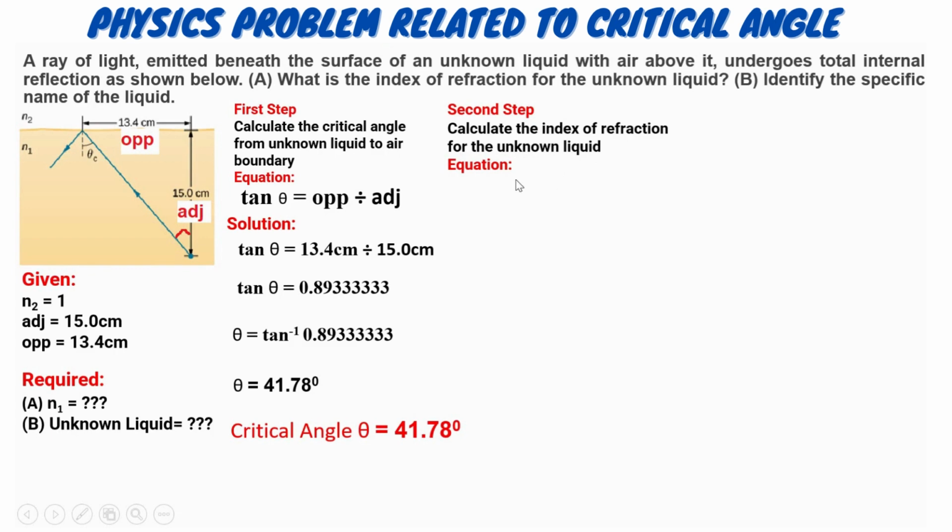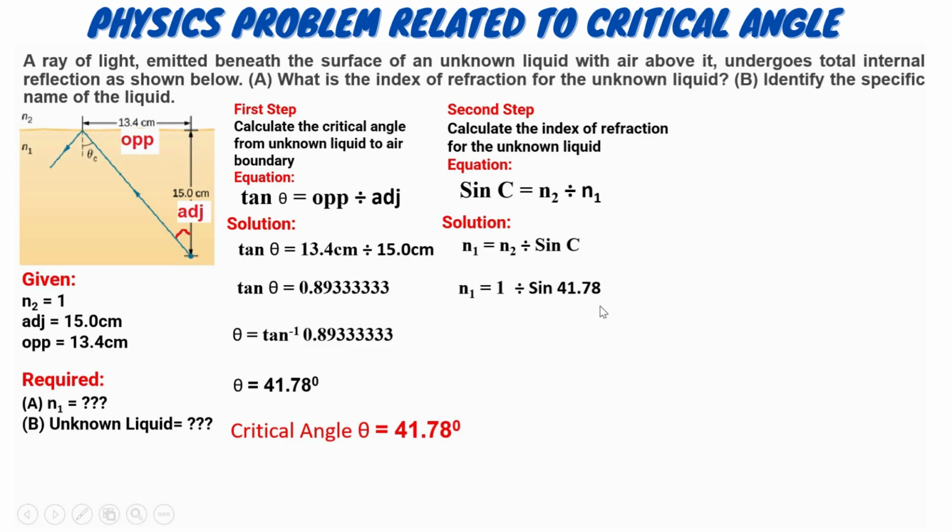For the equation, we can use sine of the critical angle is equal to n2 over n1. So, rearranging the equation, we have n1 is equal to n2 divided by sine of the critical angle. Substituting the values for n2, we have the index of refraction for air, which is 1.